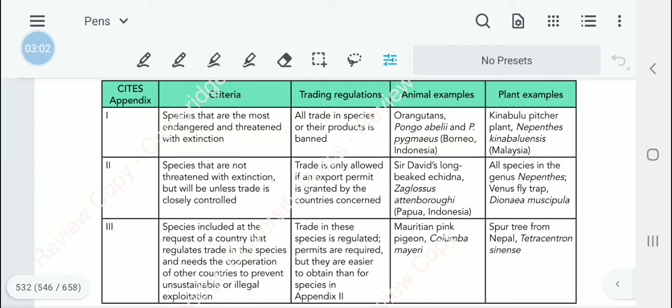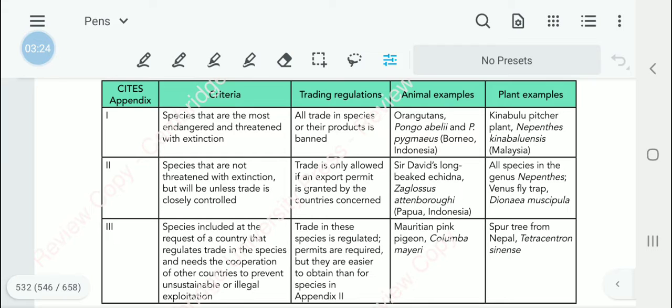Then appendix 3 is species included at the request of a country that regulates trade in the species and needs the cooperation of other countries to prevent unsustainable or illegal exploitation. So they would be regulated, permits are required, but you can easily obtain these permits.